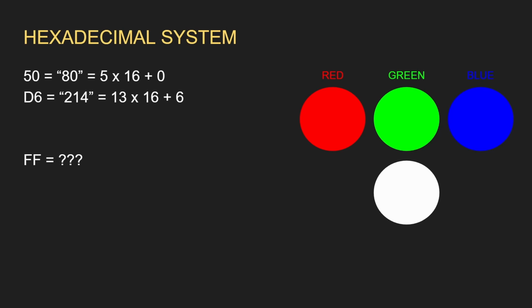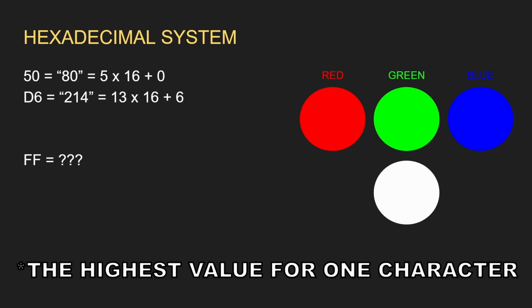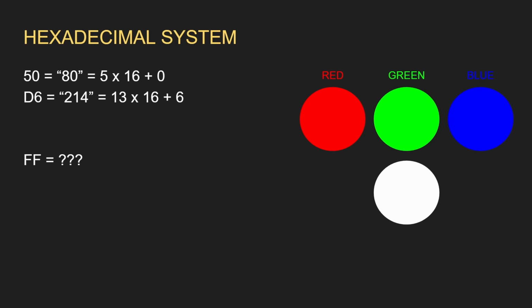Now let's try to calculate the last example, which would be FF. So we take the first character, which is F, which is the highest value in the hexadecimal system, which, as we know, is 15 in the decimal system, and we multiply it by 16. And then what we have to do is to add the second value, which is also F, which is also 15.